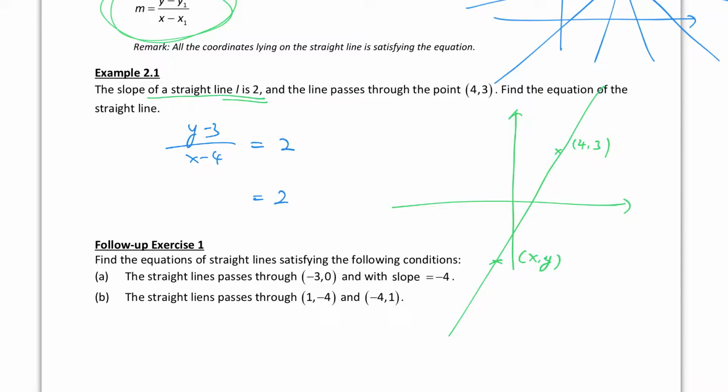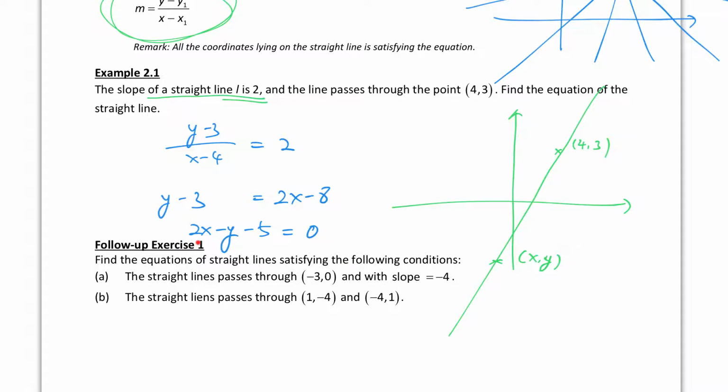Use the same idea, and then move all the terms to one side and add 3, so it's minus 5. One reminder: this form is called the general form.